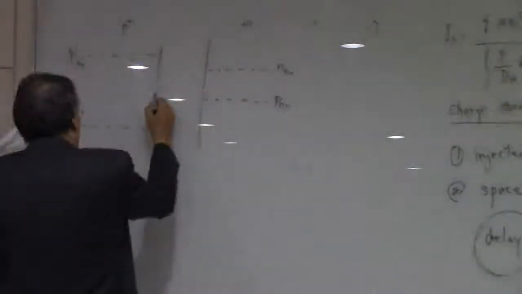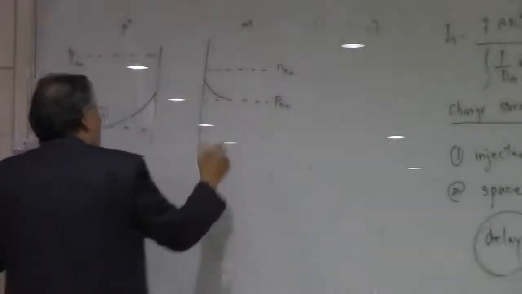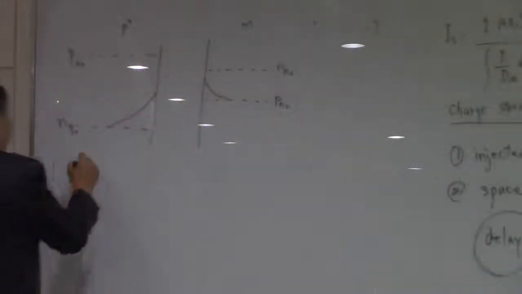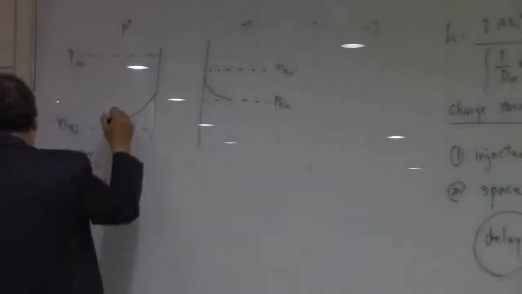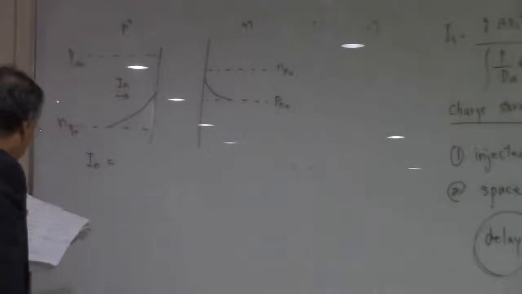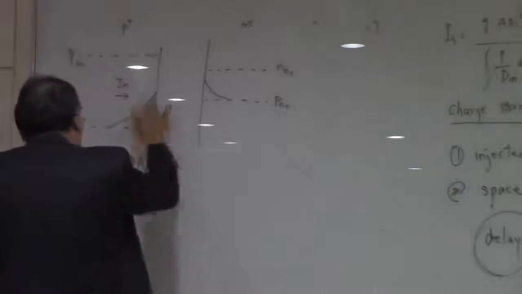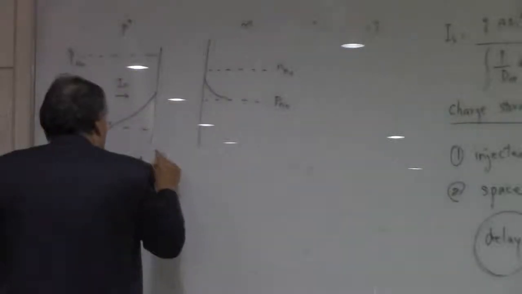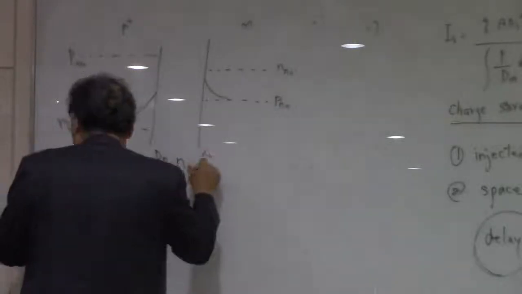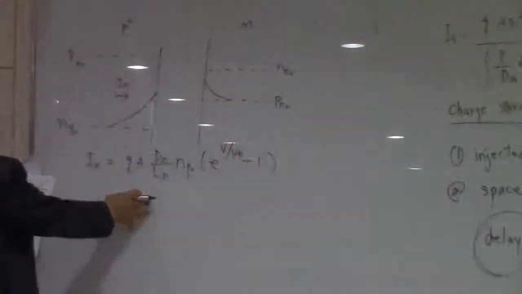And then we have injected carriers with the applied voltage, and then the carrier current is going to be, we have all derived this in the diode, okay, P naught e to the v over v t minus 1. It can be said something like that.